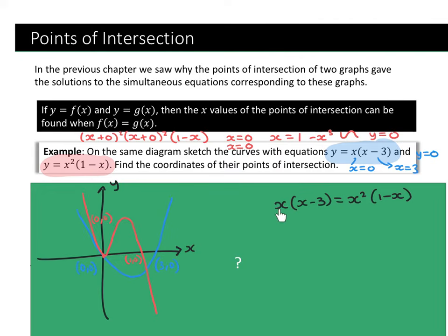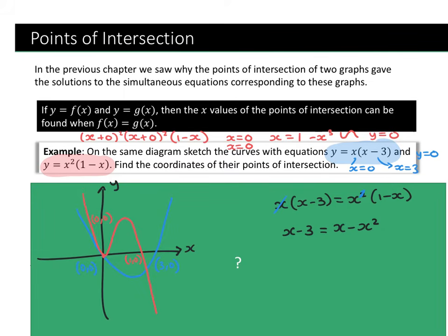Now the left-hand side has a factor of x and the right-hand side has a factor of x. Okay? So, can I divide by x? Absolutely. So I'm going to take an x from here and then this is just going to become an x. Okay? So now I'm going to have x minus 3 equals, and I'm going to expand the left-hand side, I'm going to get x minus x squared.